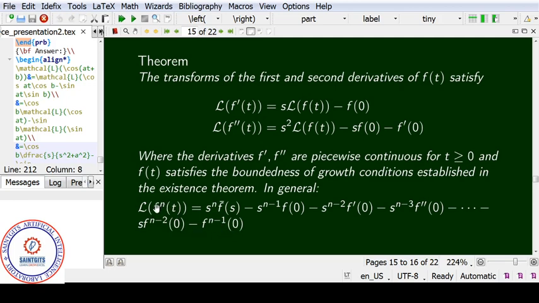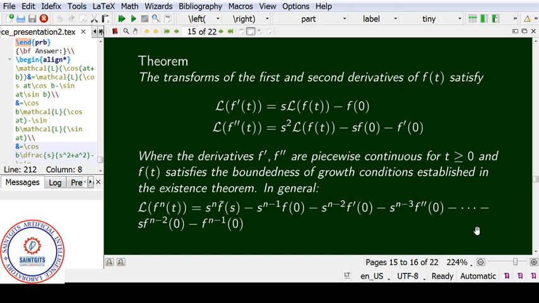So when we take the Laplace transform of the nth derivative, the right side contains a polynomial expression which contains powers of s raised to n, s raised to n minus 1, etc. Or simply, the differentiation operation in time domain is transformed into an algebraic operation in transform domain. That is the advantage of using Laplace transform over derivatives.